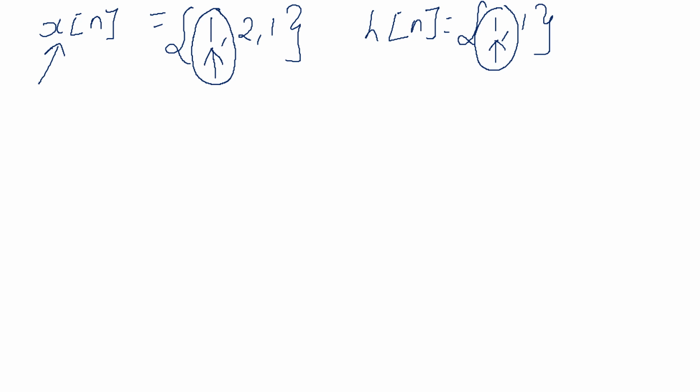So x of n is given, h of n is given. Looking at it, this has 3 samples and this has 2 samples. So we are going to find the convolution in time domain.